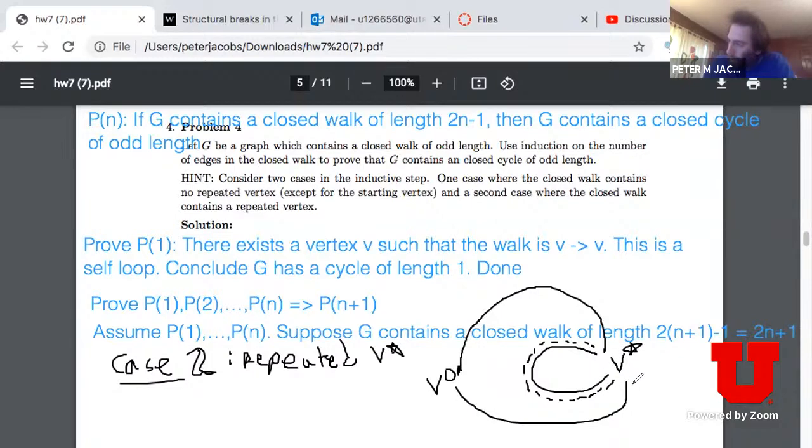And this squiggly piece, that's also a walk. And it's a closed walk, because it starts at V star and it ends at V star. And these two walks, the union of this dashed walk and this squiggly walk, cover the entire walk. That was the line that started from V0 and ended at V0.